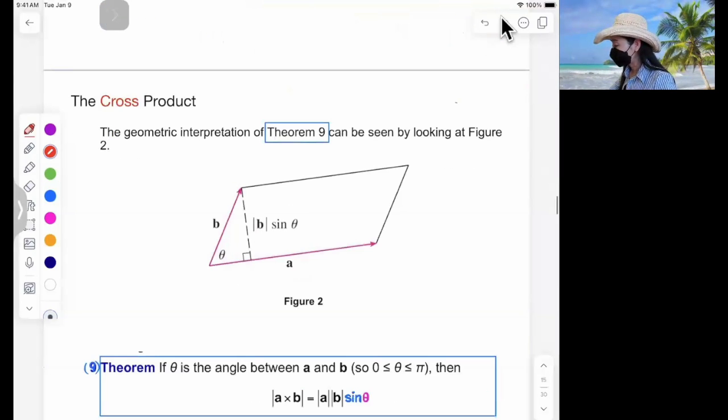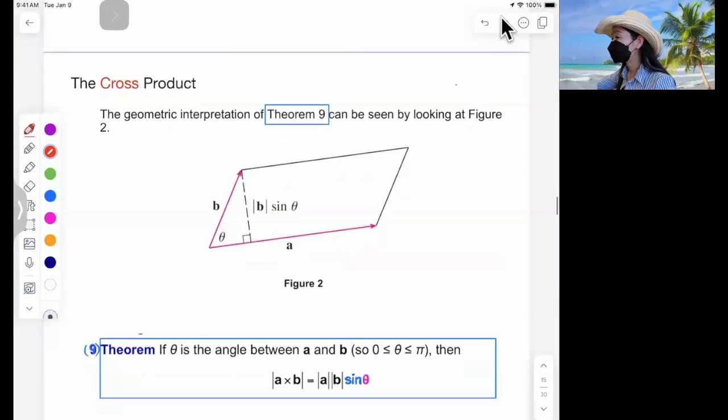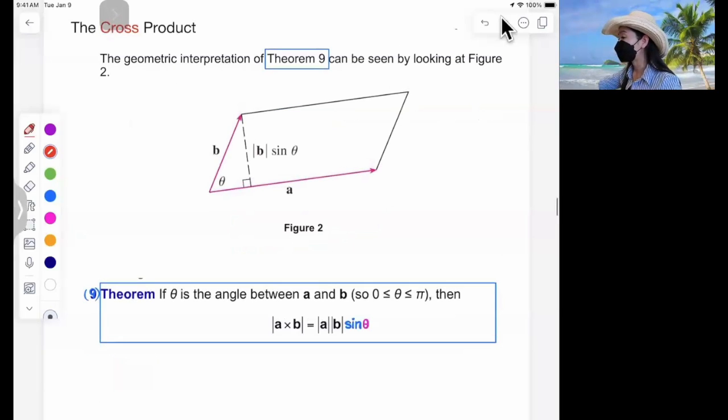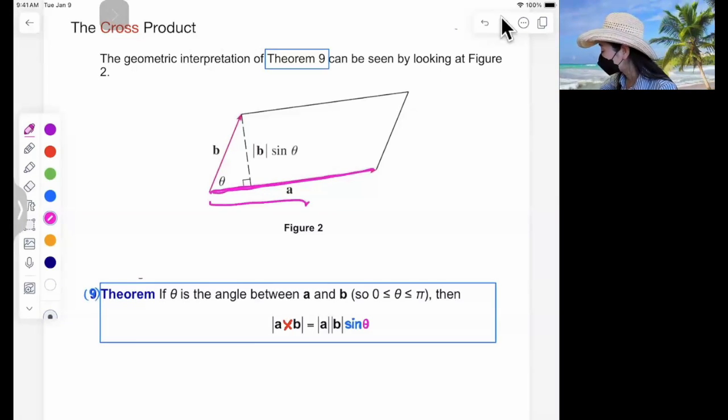Cross product. We have a geometric interpretation of the theorem we talked about, theorem 9, which I put down here. It says the magnitude of the cross product is magnitude A times magnitude B times sine theta. What's the magnitude of A?